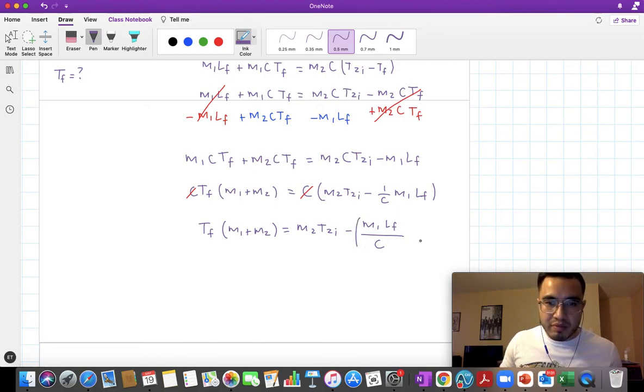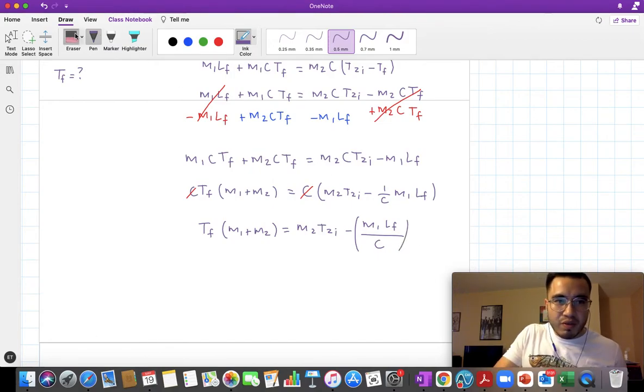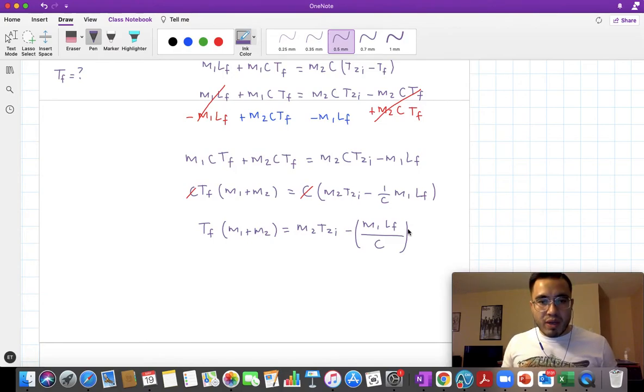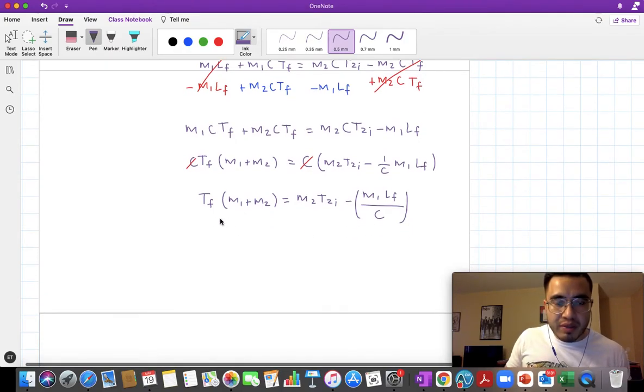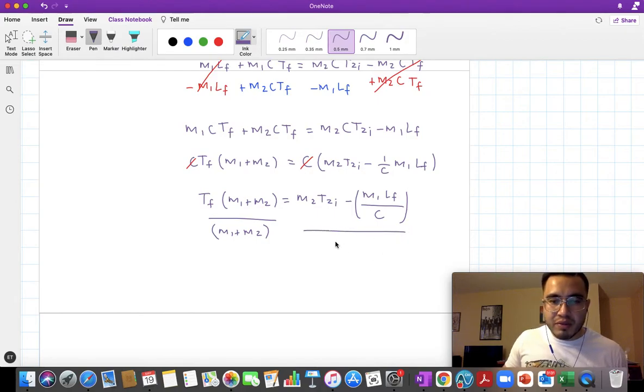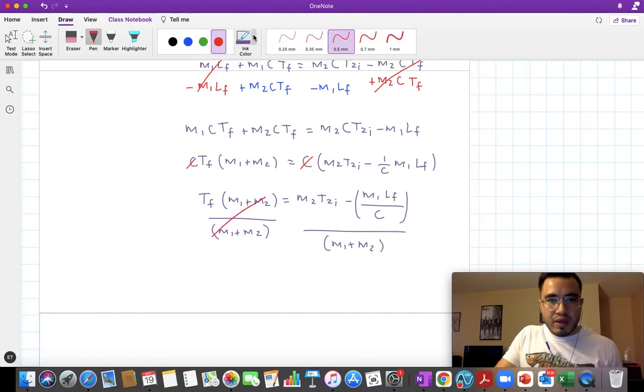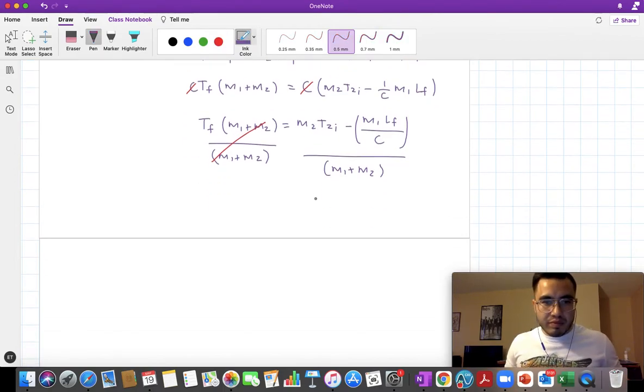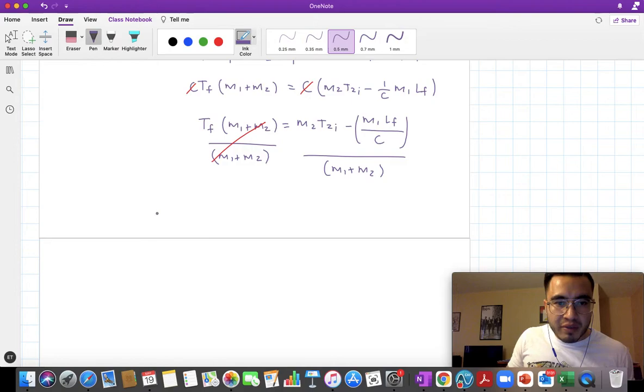Let's do a parentheses here. One more time. There you go, that's a little bit better. And now, let's solve for temperature final. So I'm going to divide by mass 1 plus mass 2. This cancels, and I have my equation for temperature final.